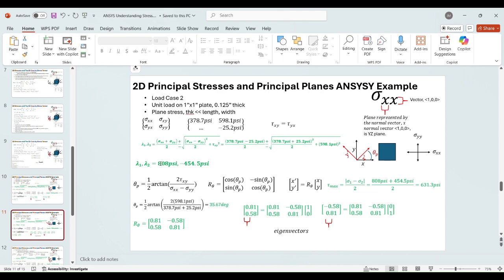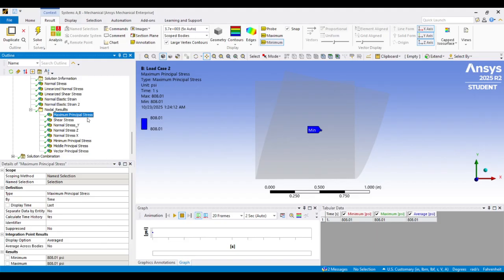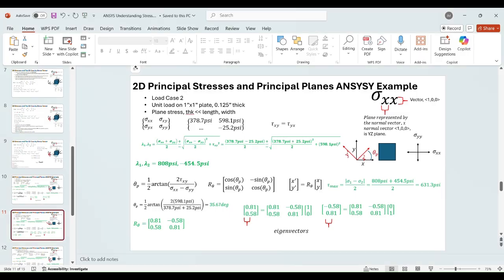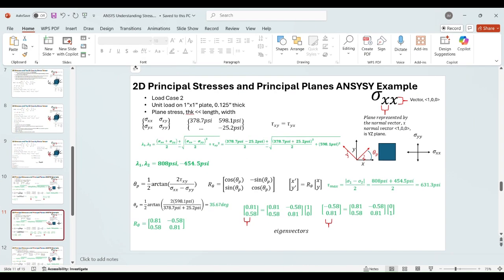We calculate by hand that the max principal stress is 808 psi, and the minimum principal stress is minus 454.5. And if we go to our model, we see the max principal stress is 808.01, and the minimum principal stress is minus 454.48. That agrees with our hand calc, which we would expect.